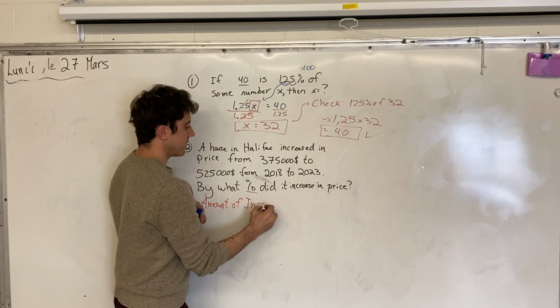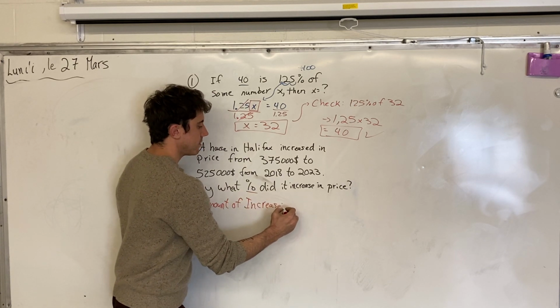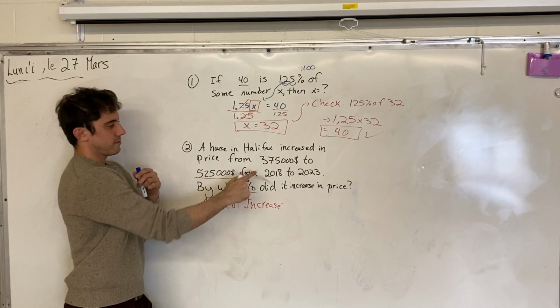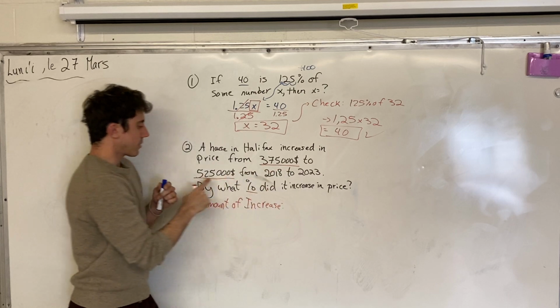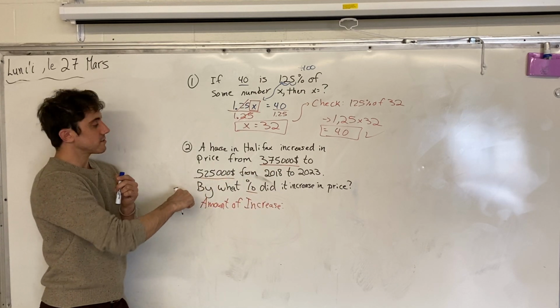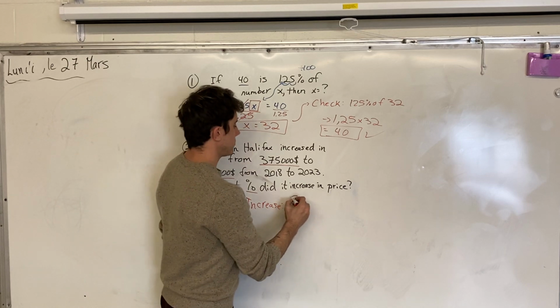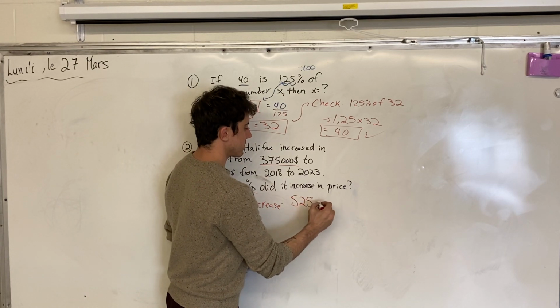The amount that it increased by is simply the difference between the two prices. It went from 375,000 all the way up to 525,000, so it increased by the difference between the two, and the difference implies subtraction.